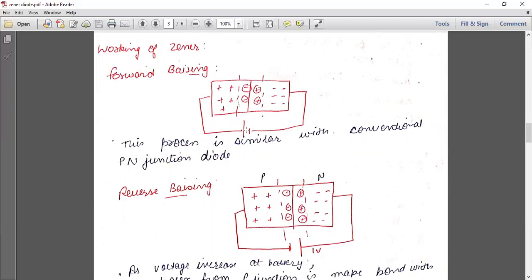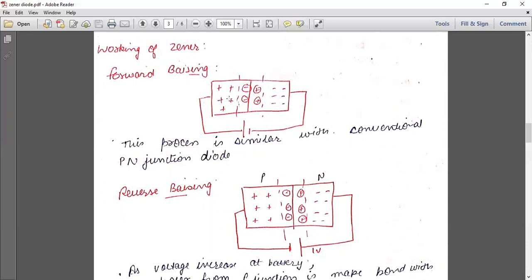It acts as a normal conventional PN junction diode. As we supply positive to the P-type semiconductor, we start supplying the positive supply to the circuit, and from here the negative electrons are sent towards the N-type semiconductor.